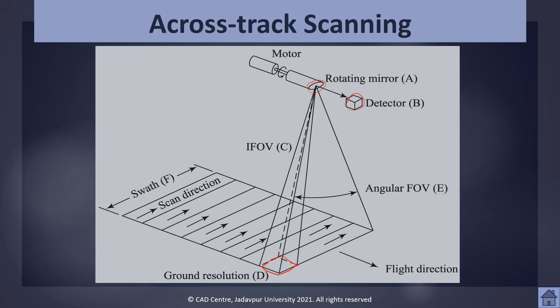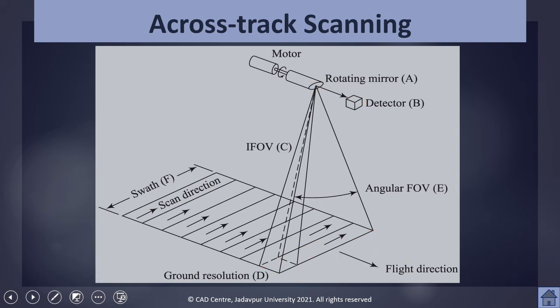Then the mirror will rotate in this direction and focus on the next pixel, and the next pixel will be recorded. Then the mirror rotates again and the next pixel is recorded, and thus one line will be scanned. By this time, the flight will move forward and the next line will be scanned, and this is the way by which we can generate the two-dimensional image.